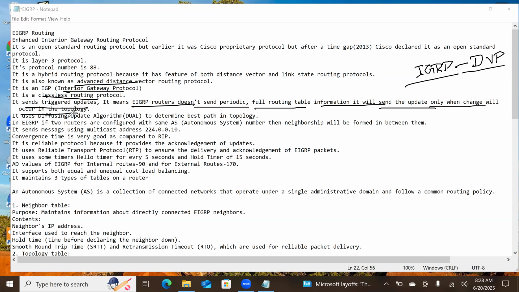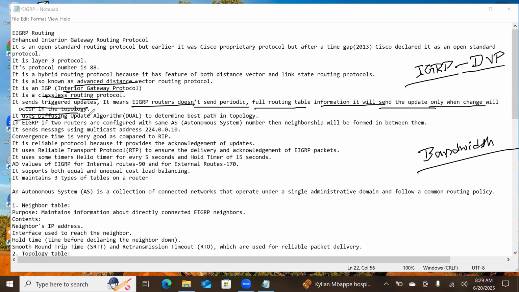It is not like RIP, which sends the entire routing table every 30 seconds. OSPF and EIGRP don't do that. They just send the update that was added recently, so we use bandwidth efficiently in both OSPF and EIGRP.